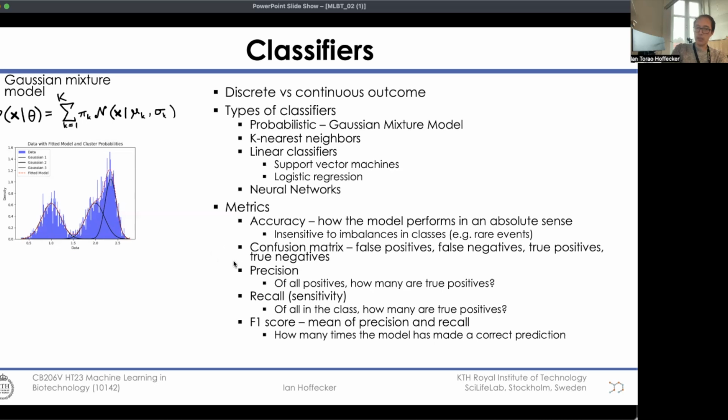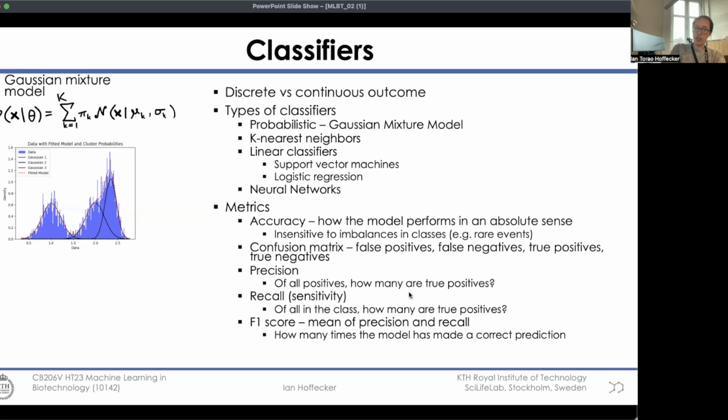So to look at the actual predictive capacity of our model, we have to start thinking about false positives, false negatives, true positives, true negatives. We can do this in the context of the confusion matrix, where we're assembling these quantities. And then we can also start thinking about the precision and recall.